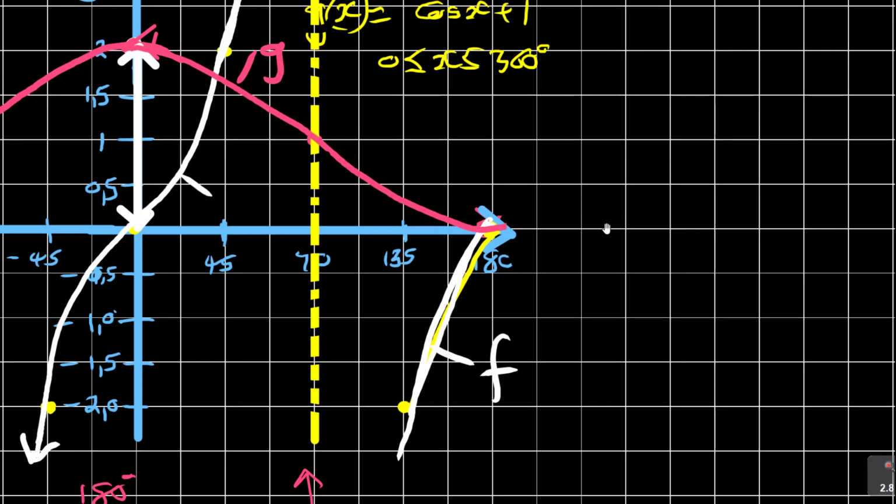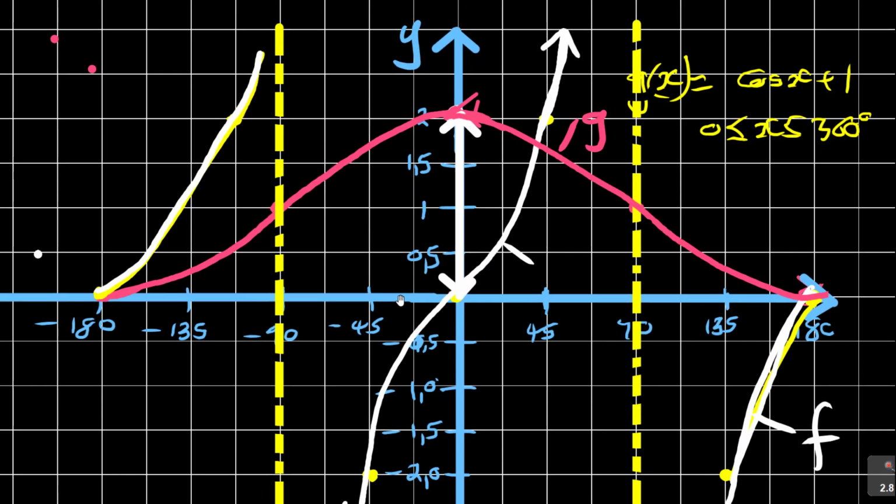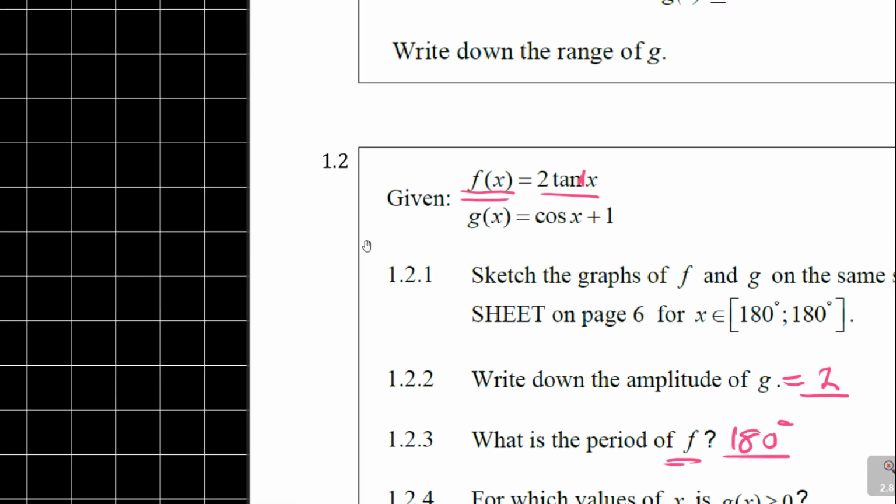Now it's from negative 180 degrees to 180 degrees. Then you put those square brackets. See, it's positive, it's above. The whole graph is above. Or you can say negative 180 is less than or equal to x is less than or equal to 180 degrees. Alright, so that's what you do there.